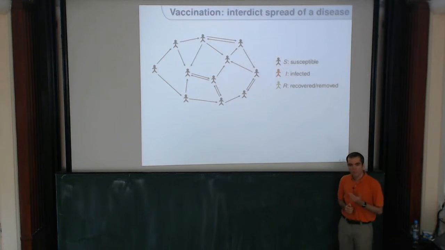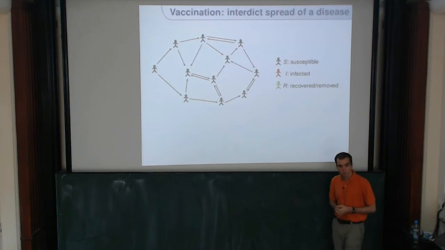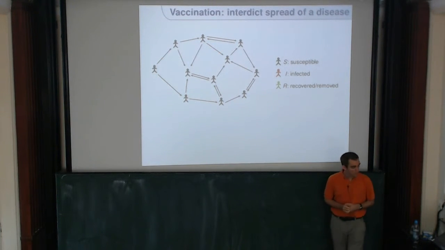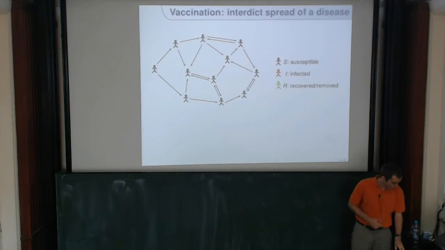Another typical application is to interdict undesirable processes like disease spreading. There are a lot of famous models. One of them is the so-called SIR model, where individuals are either susceptible, which means they are still healthy and didn't have the sickness so far, or infected, or, once they have recovered from the sickness, removed. They're in the green state. There are specific rules for how those dynamics work in that graph, with an initial infected node and a random process that determines how infection spreads.